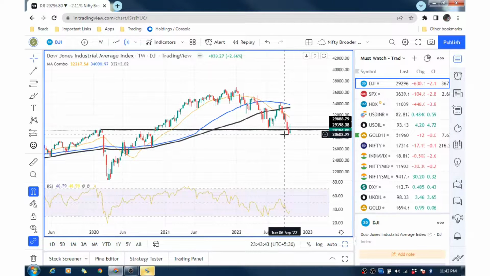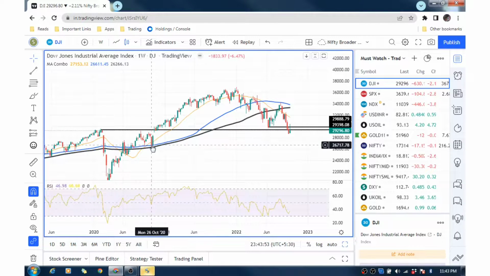And as you can see, the candle also shows some rejection from these supports. So basically the picture doesn't look so good, and this is clearly in a bearish trend. And now the next key support what I see is around 26,700, okay. So yeah, if the bearishness continues, it can fall till 26,700.